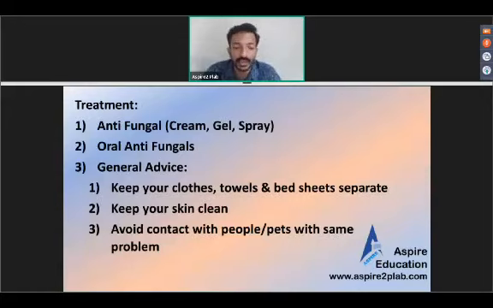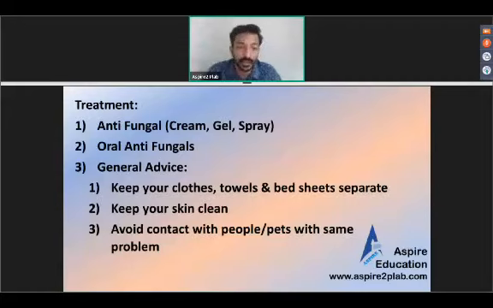But in this kind of scenario, please do mention the general advice. This is very, very important. Tell the patient to keep your clothes, towels and bed sheets separate. Very important. Keep your skin clean. And avoid contact with people or pets with the same problem. In this country, people are fond of pets.